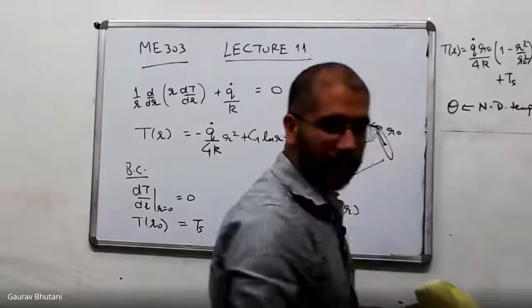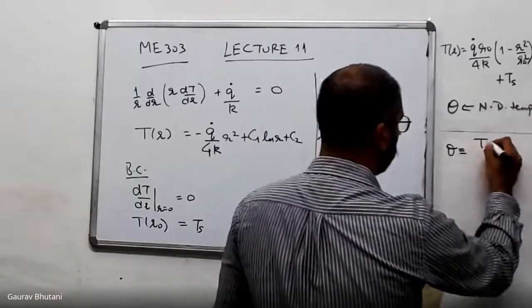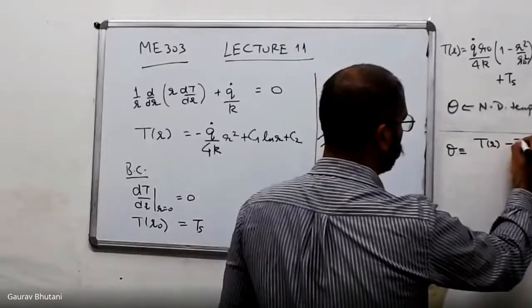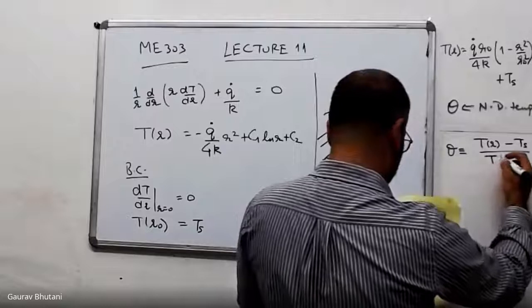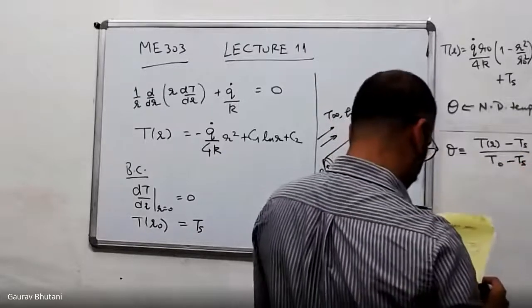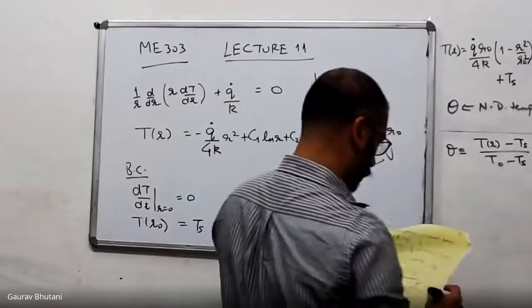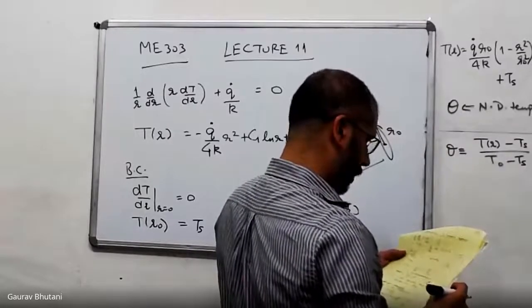So we define it as T as R minus Ts divided by T naught by Ts. Okay. Don't confuse R naught with T naught.